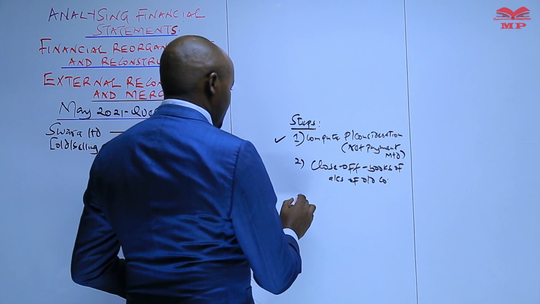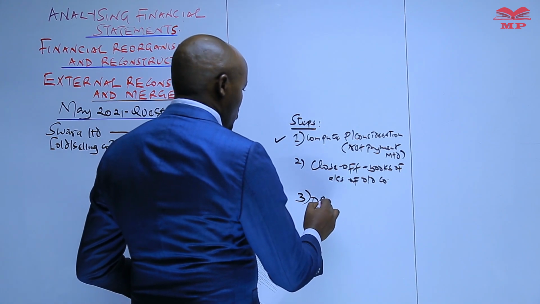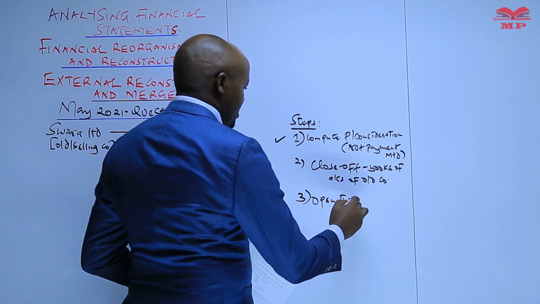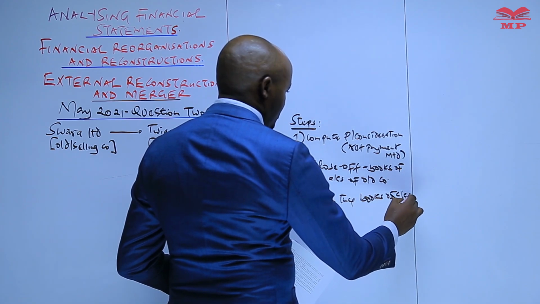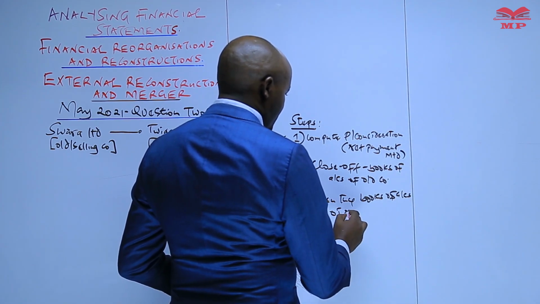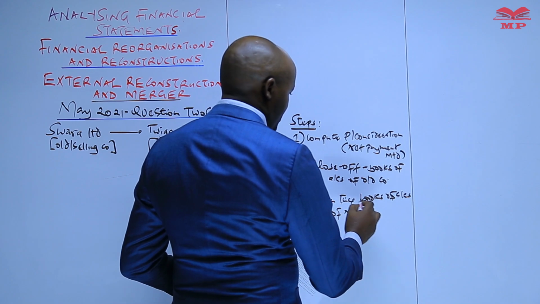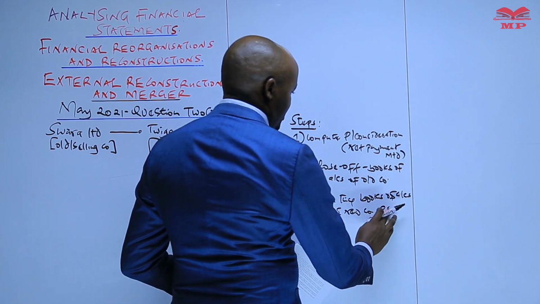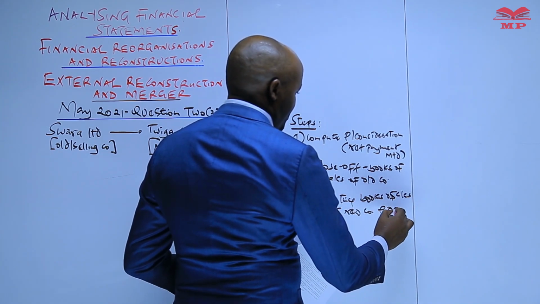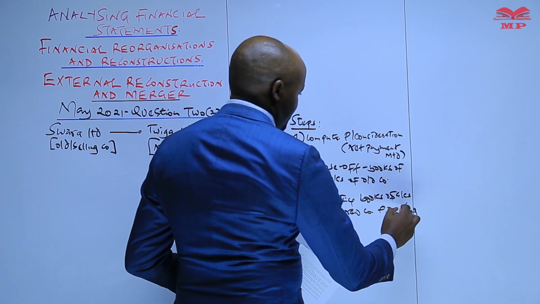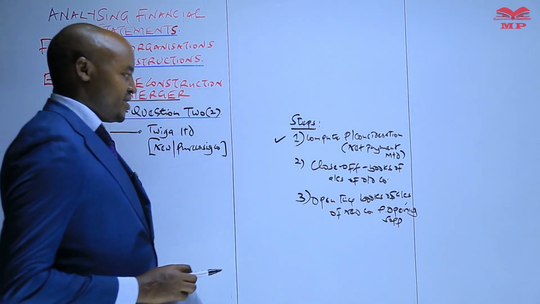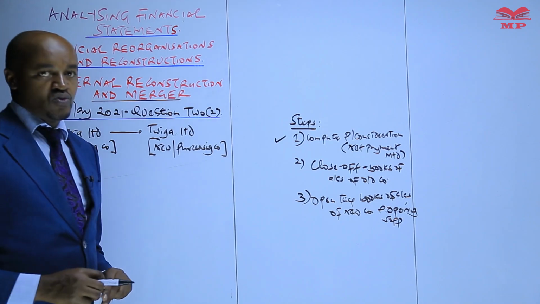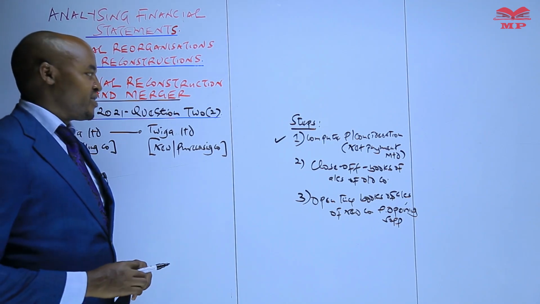And then step number 3 is you open the books of accounts of the new company, and also you prepare the opening statement of financial position of the new company. So these are the 3 steps you need to follow to successfully answer that particular question.